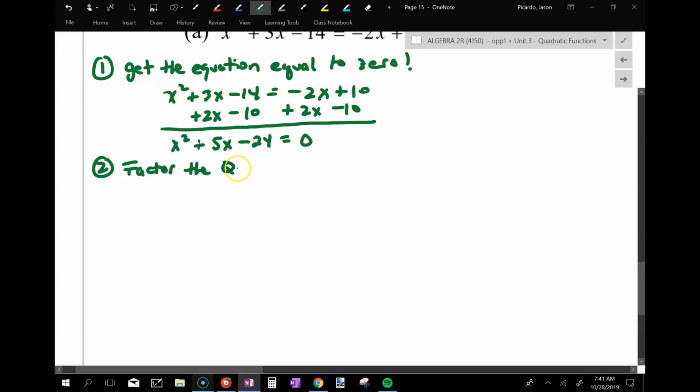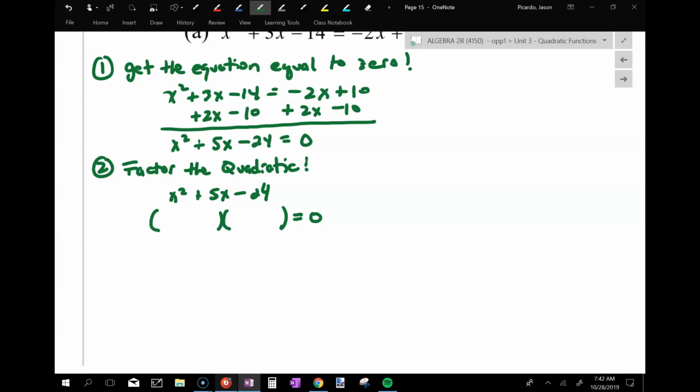And I'm going to use a word here, guys. Factor the quadratic, right? Factor the quadratic. All right, so let's take this. It's going to be one of these, right? No GCF.